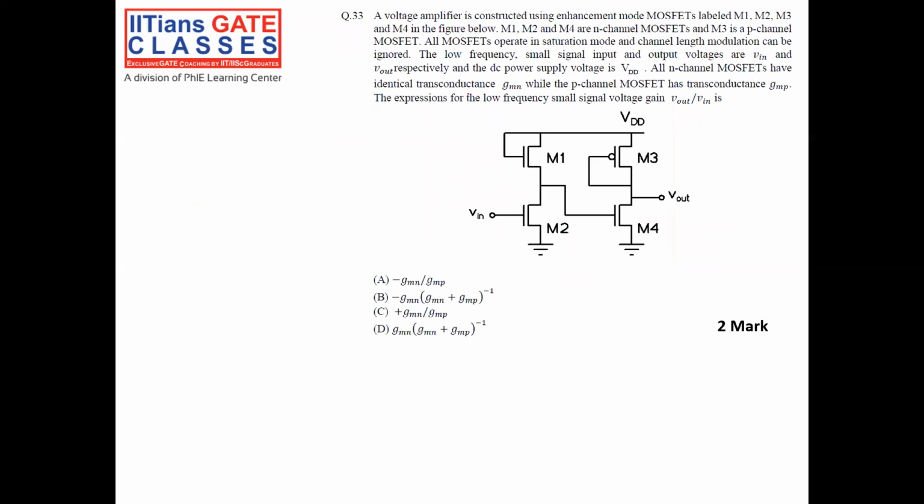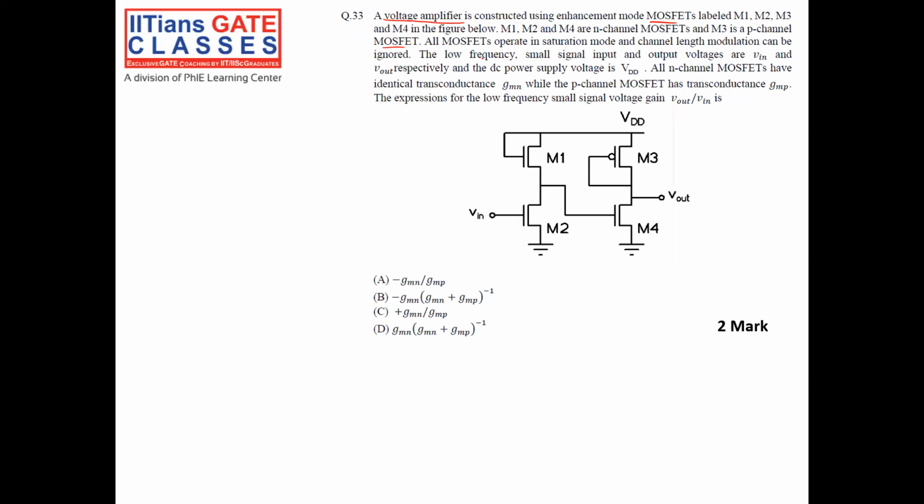Now, let us see this 2-mark question. A voltage amplifier is constructed using enhancement mode MOSFETs labeled M1, M2, M3, M4, shown in the figure. M1, M2, M4 are N-channel MOSFETs, and M3 is a P-channel FET.